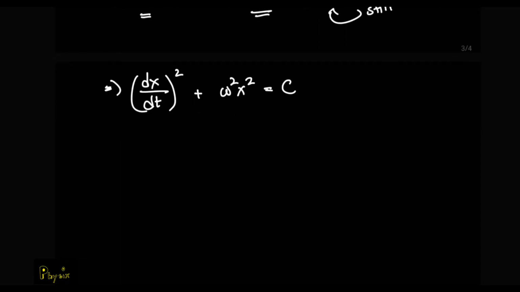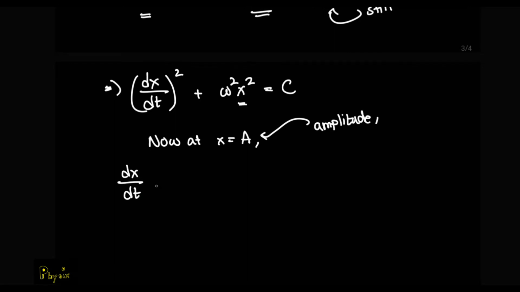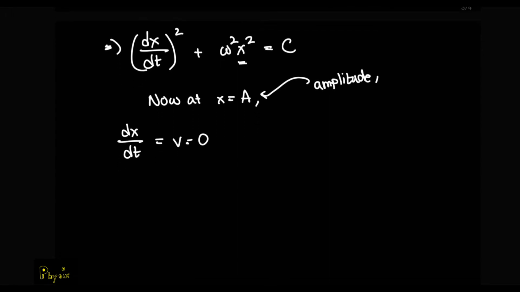Now, here's where the actual part of understanding comes into play. At the position being at the amplitude, we know that the entire velocity v is basically 0. Now, if that really is the case, we could write this down, which is equation 1.